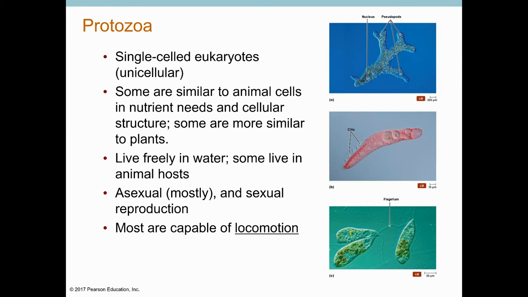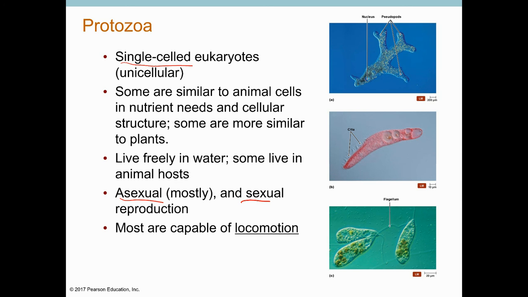All right, protozoans. Protozoans are eukaryotes, unicellular, and some of them are similar to animal cells, some are similar to plants. Some have chloroplasts, some don't. There's a lot of variation in this group, but they're always single-celled, and they can do asexual and sexual reproduction. Typically they live in water, although they can live in animal hosts, and some of them can be pathogens.